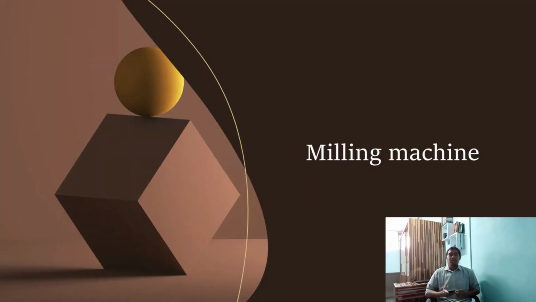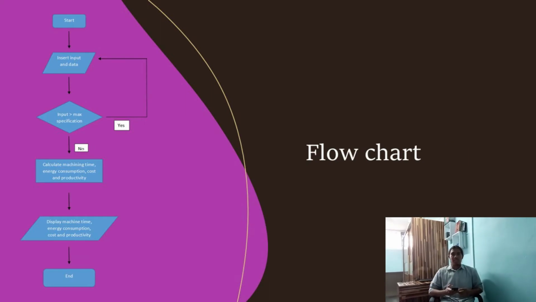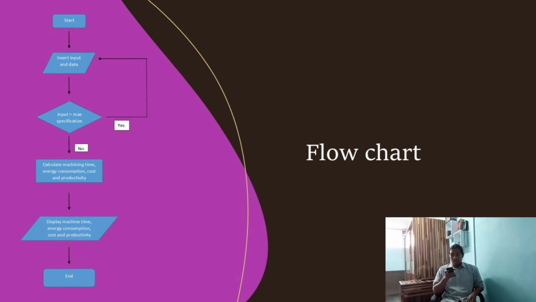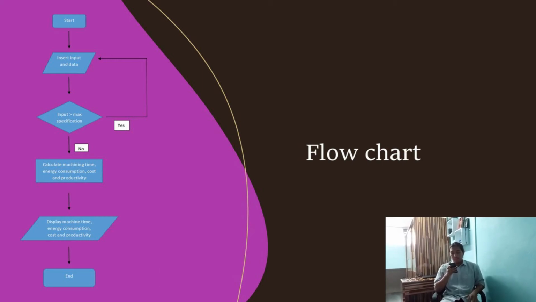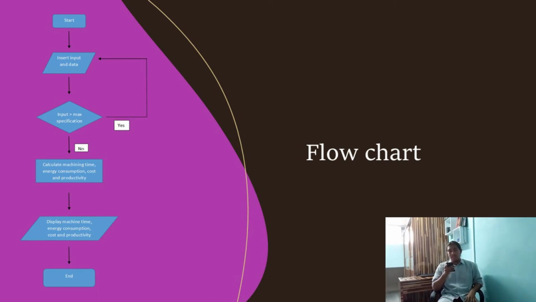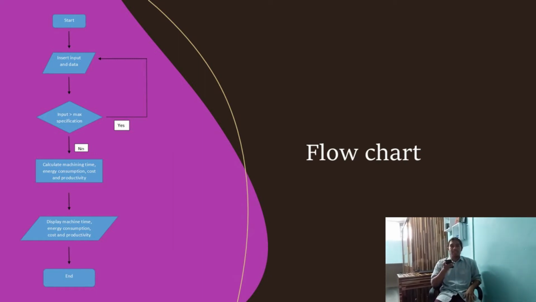For the system of the milling machine, first we need to know the flow chart of the system. We start with start, and then for the input, we need to insert all the input and data. If the input exceeds the maximum specification, it will restart again.